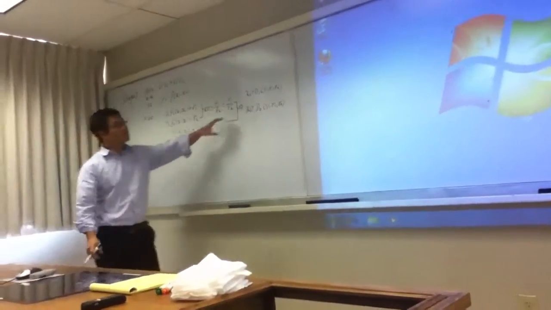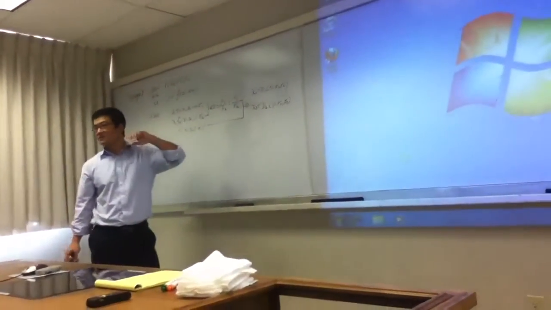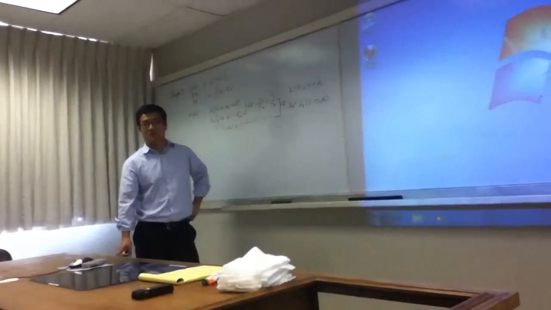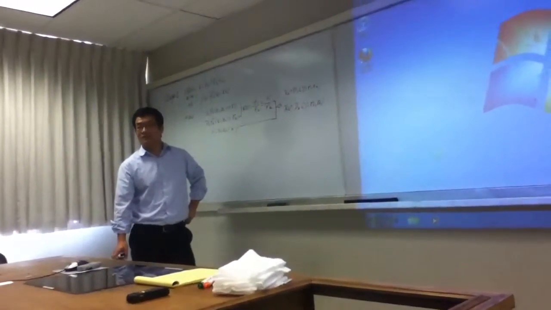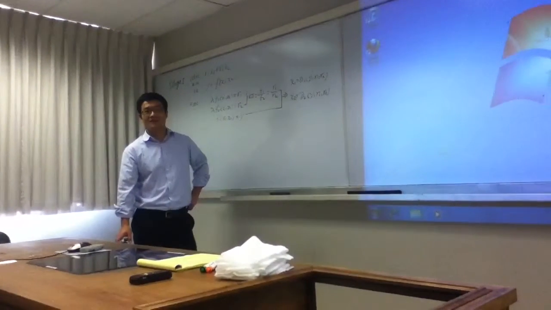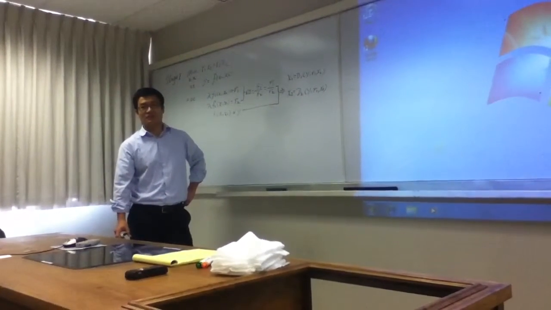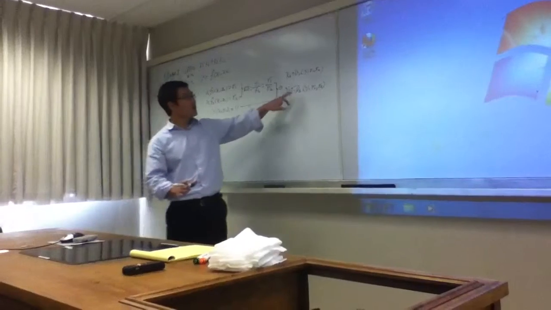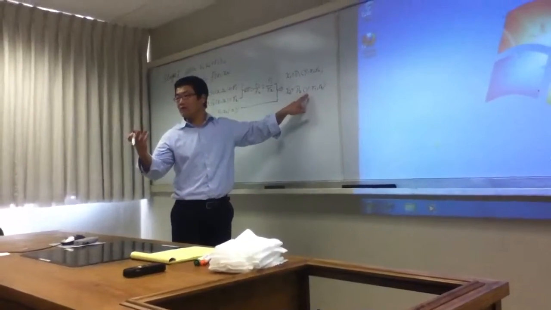What are the names of these two functions? Do you remember? The demand. Demand for what? For factor. Factor demand. And also we call this conditional factor demand because we're conditional on the y level, output level.